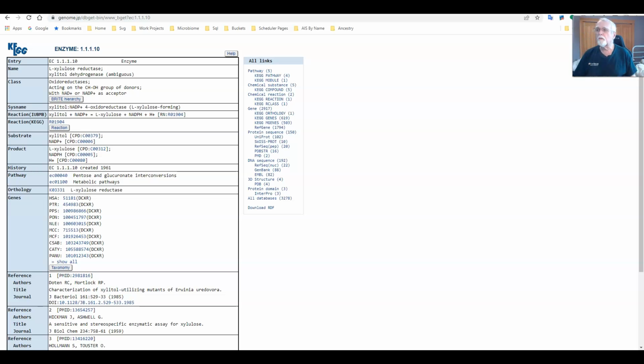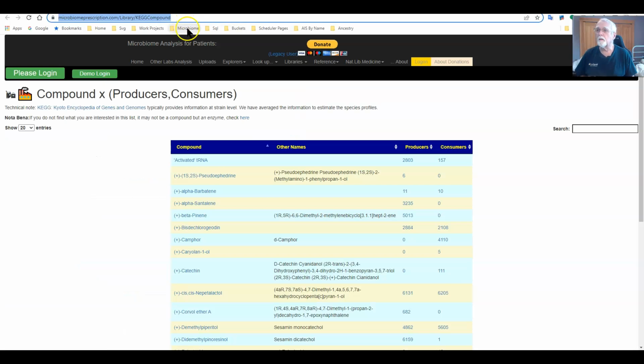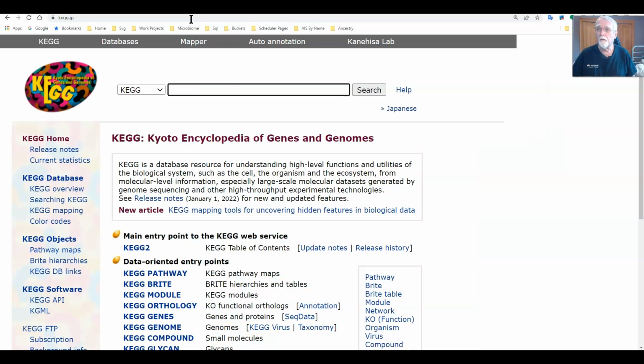Okay, one of the sources I used is the KEGG database, and you can just type in KEGG.jp. And what does KEGG stand for? It stands for the Kyoto Encyclopedia of Gene and Genomics. It is a publicly accessible, magnificently complex resource, up-to-date with all the current literature.